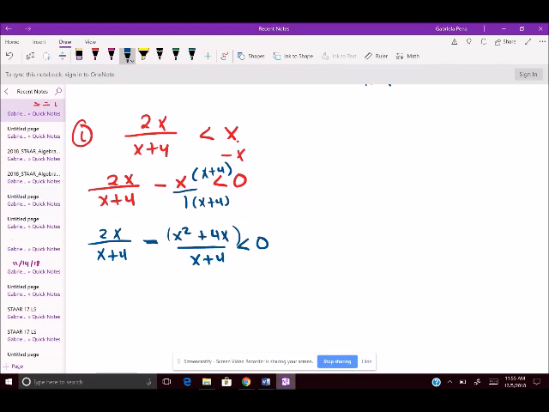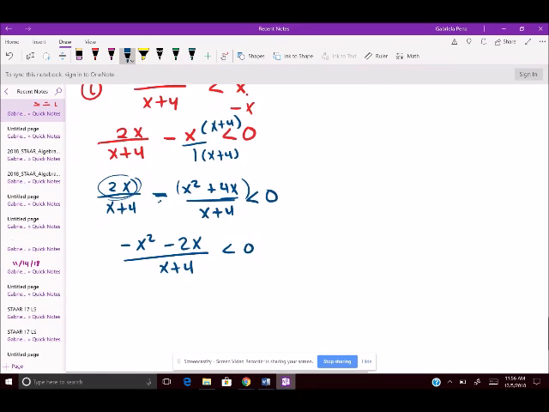So if I combine the top, this would become a negative x squared. And what is 2x minus 4x? It's a negative 2x over x plus 4 less than or equal to that.